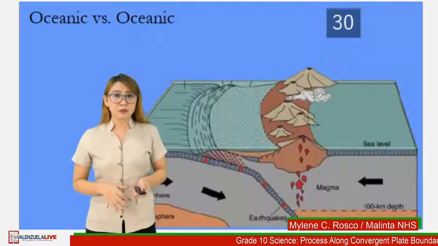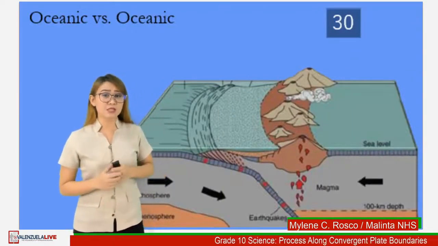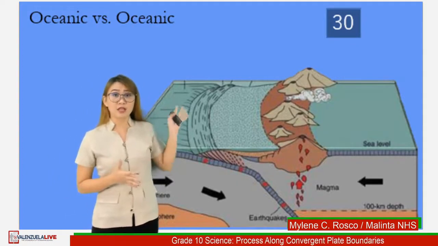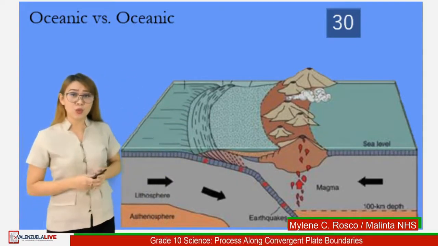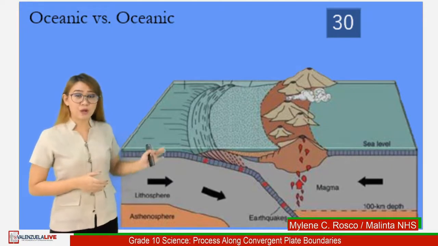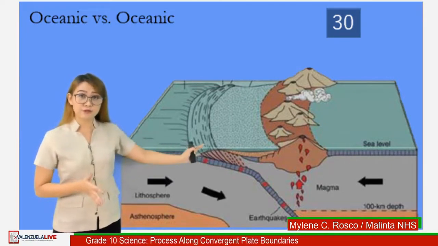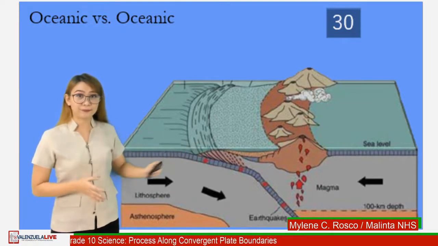Alright, so let us now go to the second type of convergence of plates. This is the convergence between two oceanic crusts. Now, I'll be giving you another 30 seconds to observe the diagram.